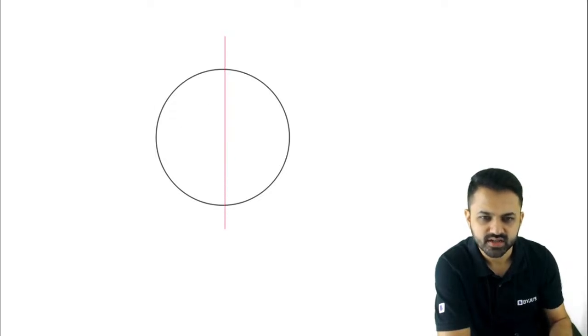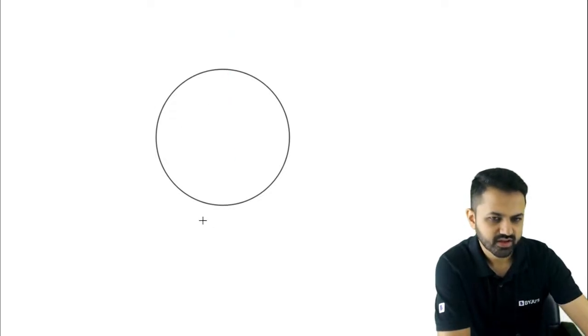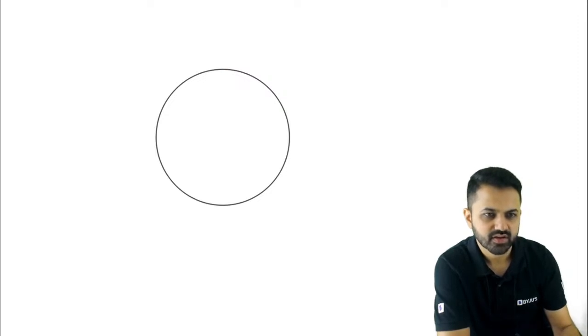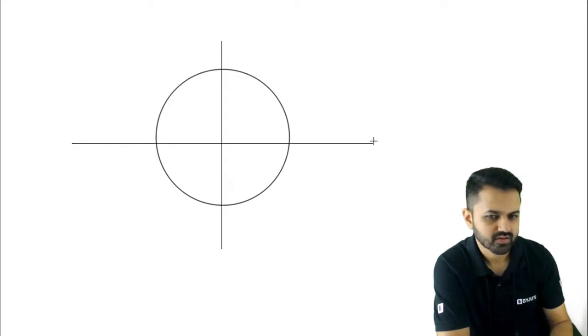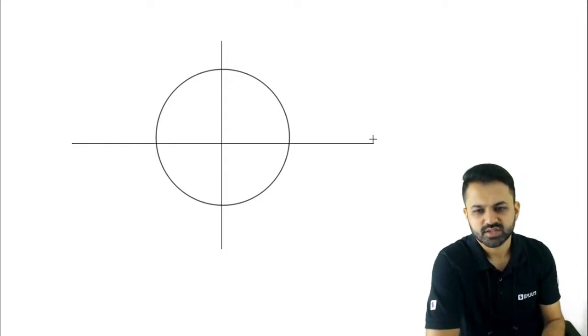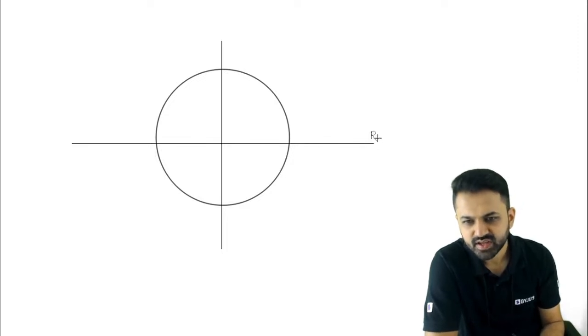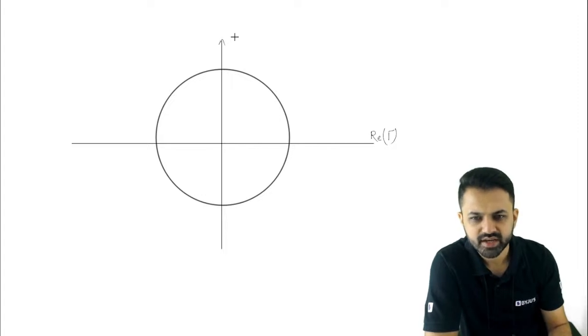This is a unit circle. Here we say that this is the real part of gamma, and here it is the imaginary part of gamma.